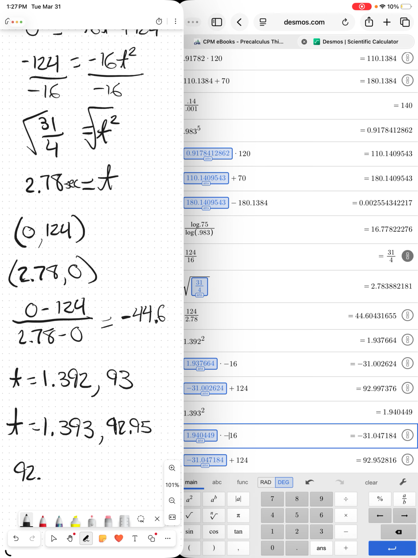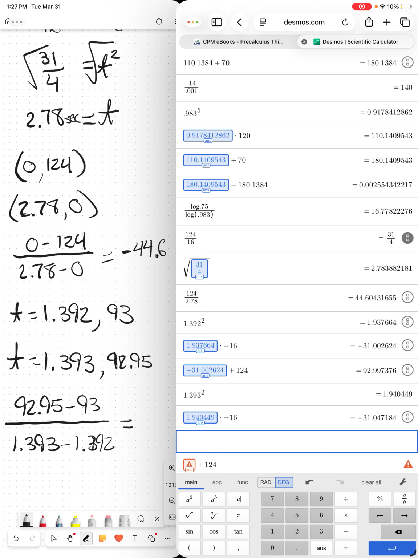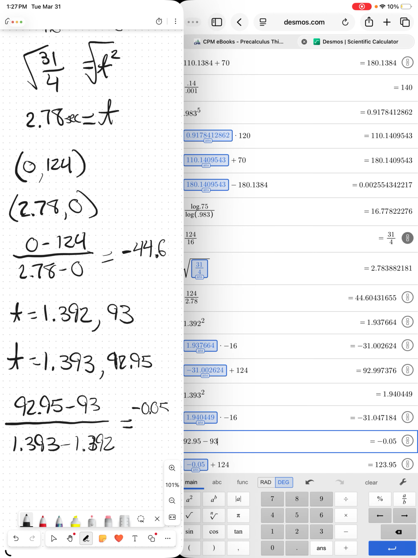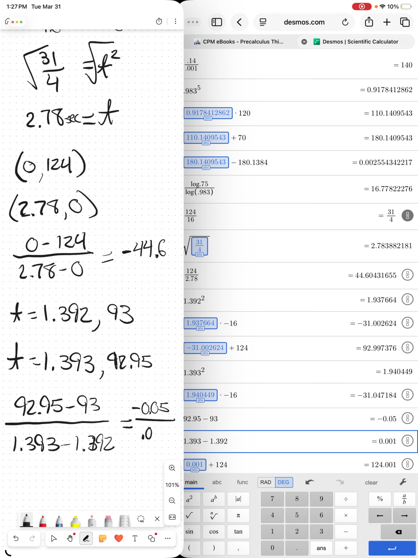So 92.95 minus 93 over 1.393 minus 1.392. 92.95 minus 93 is negative 0.05 over, right? And then you have 1.393 minus 1.392, so 0.001.